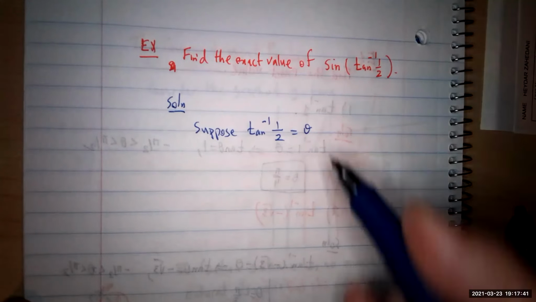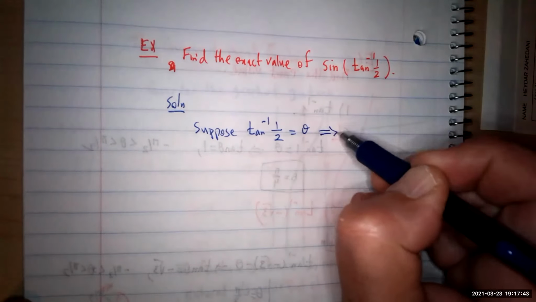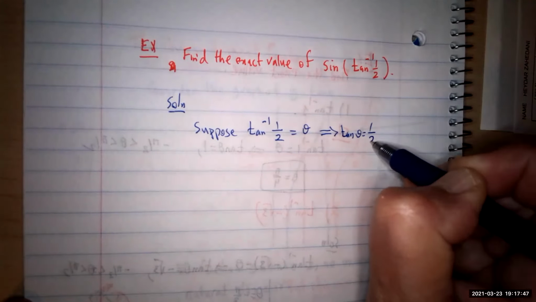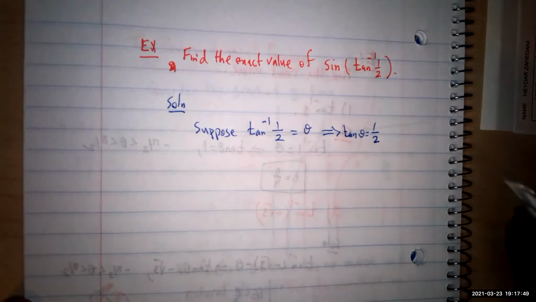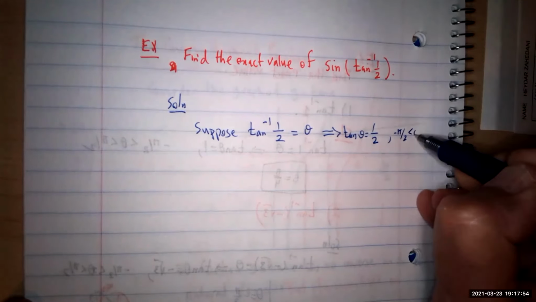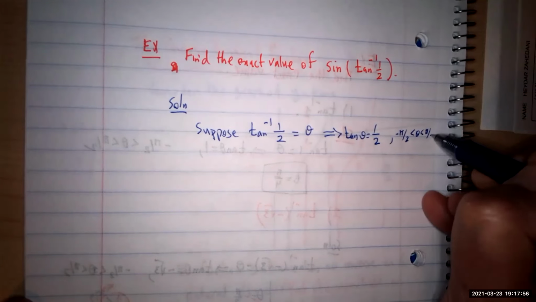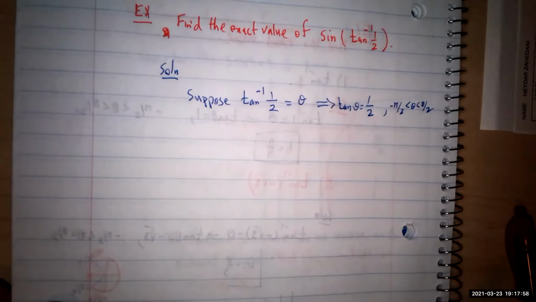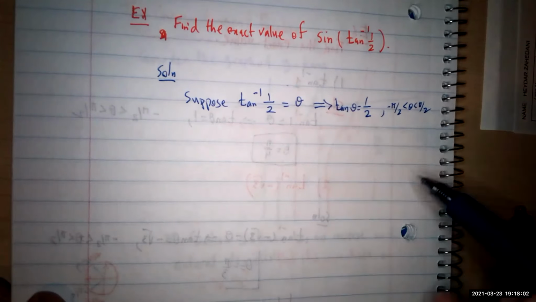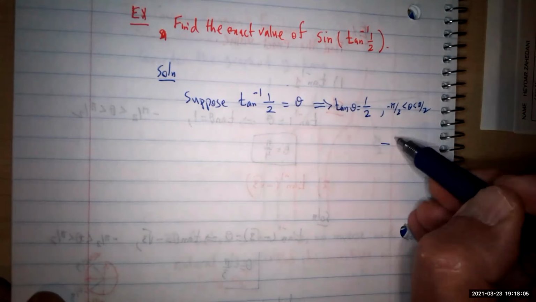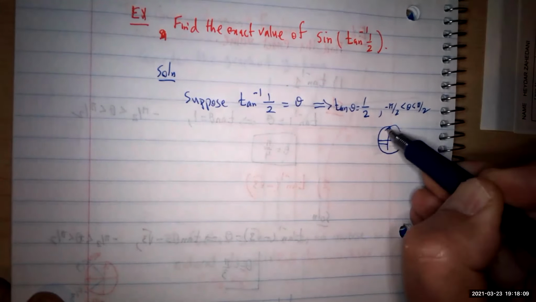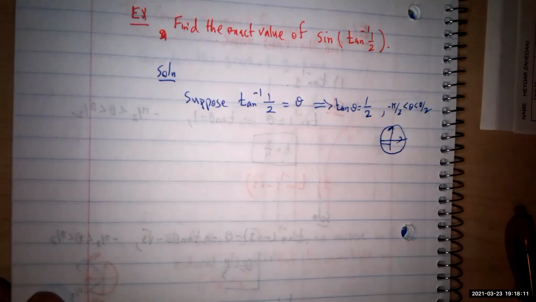You switch it so that you get tan of theta equal to 1/2, and make sure that your theta is between -π/2 and π/2. So this means you are in the first quadrant, because the tangent is positive.